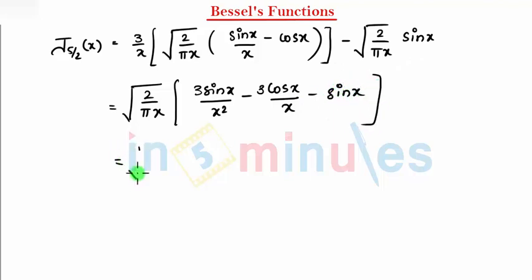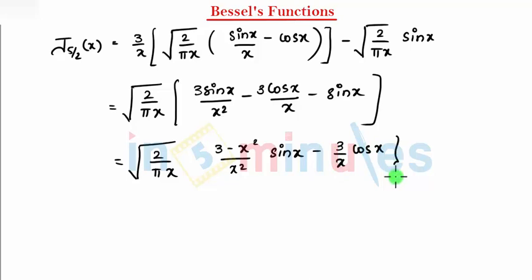So we can say 2 by pi x, this comes to be this and this. I can write here 3 sin x, x square multiplied here, so (3 minus x square) divided by x square multiplied by sin x minus 3 by x cos x. So that's my answer for J 5 by 2 of x.